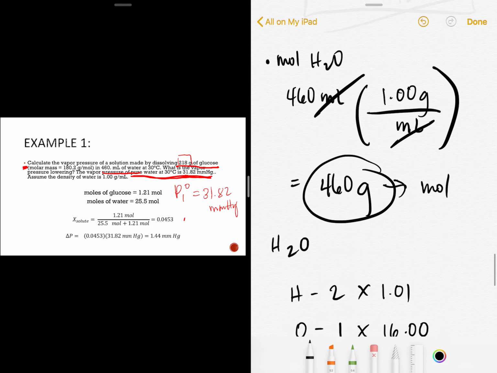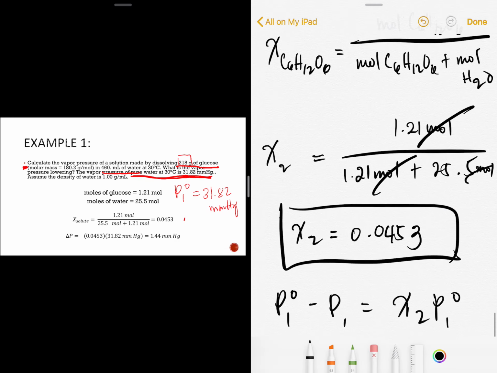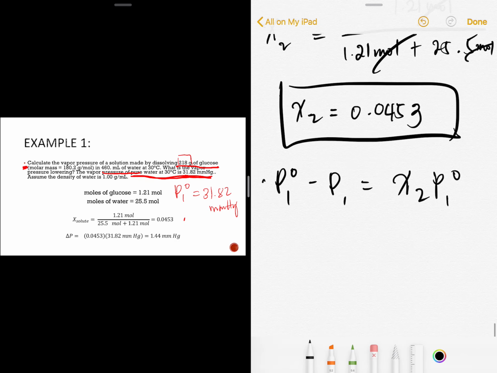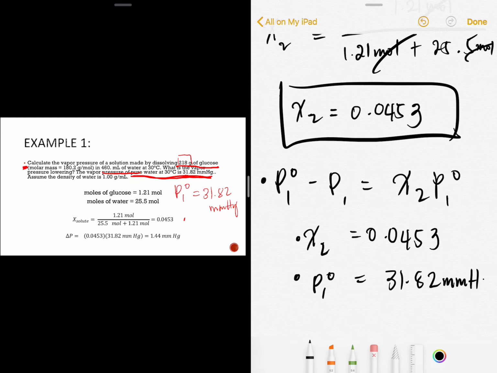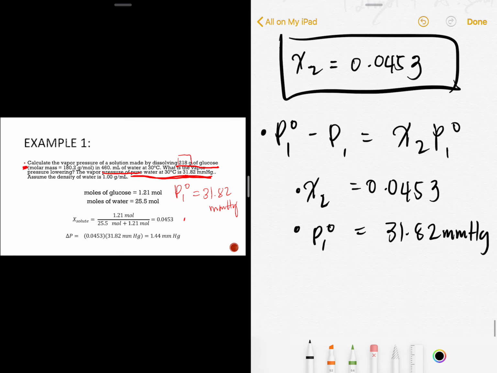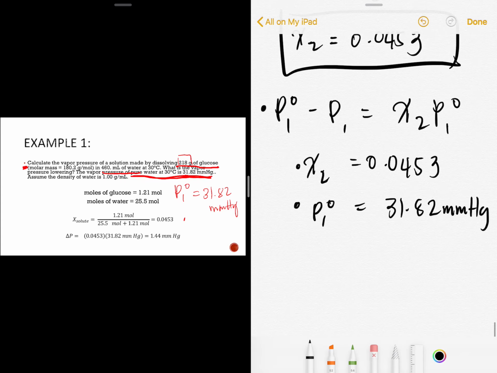Now, look at the values given to you in the problem. You've already solved for the mole fraction, that is 0.0453, and you have the P1 naught. It's always given in the problem. Here it is 31.82 millimeter mercury. Si P1 naught, laging binibigay yan sa problem, no? The vapor pressure of your pure solvent is always given in the problem.